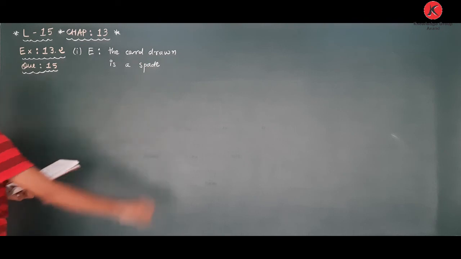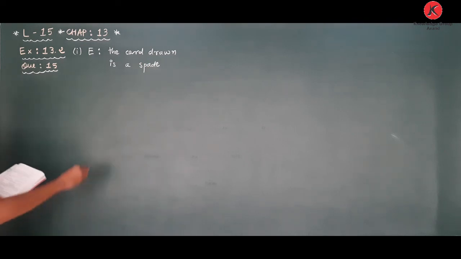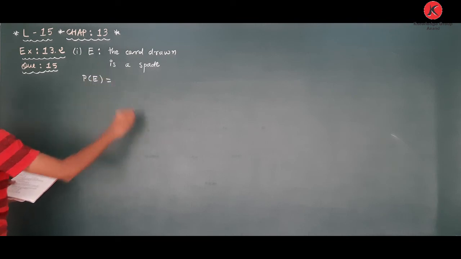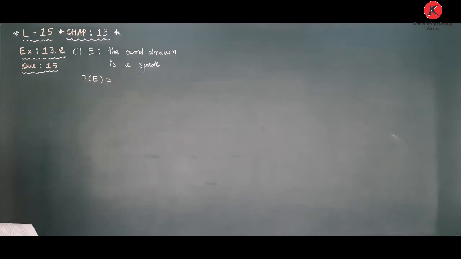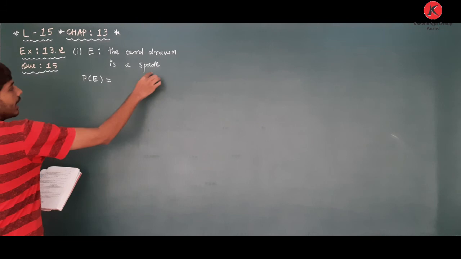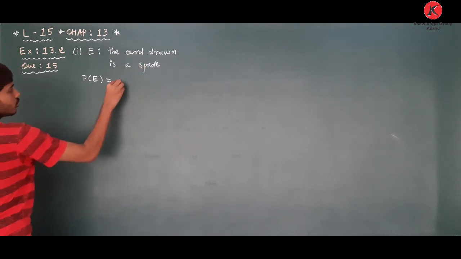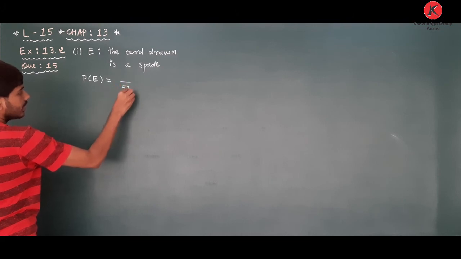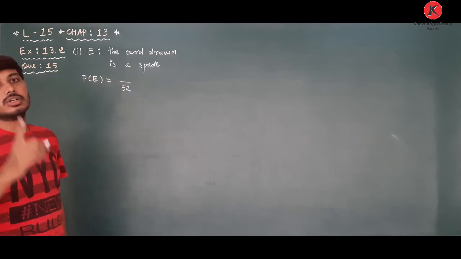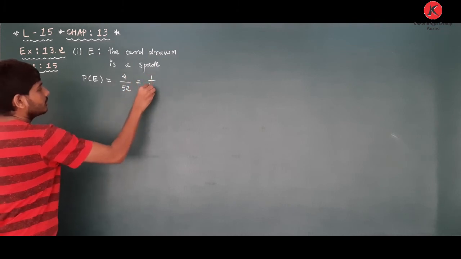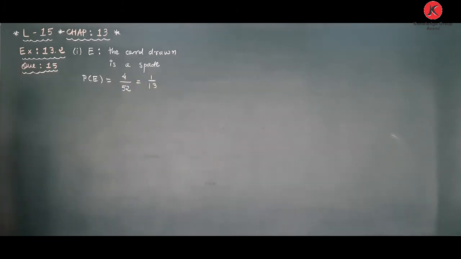Therefore, find the probability of event E. The total number of cards is 52, and you select one card. The total number of spades available is 13, so the probability of event E is 13 by 52, which is 1 by 4.